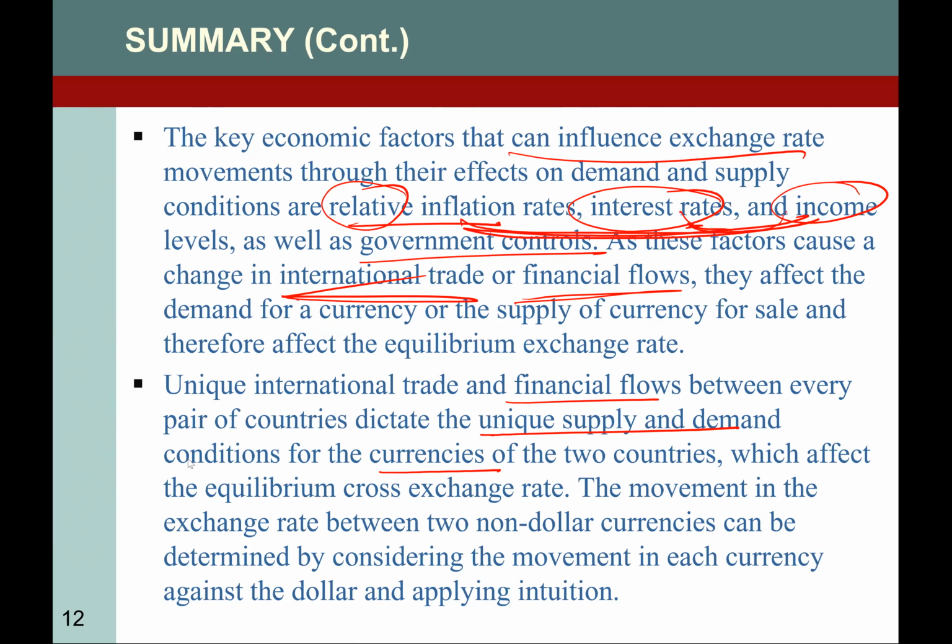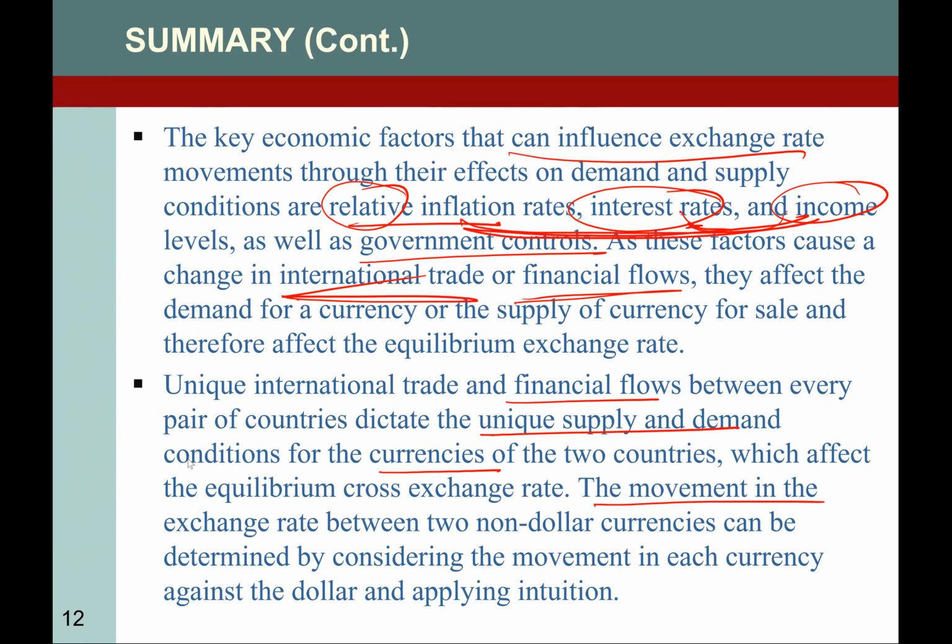Those countries which have high inflation and high income, their currency is going to depreciate. The mechanism is different, but the answer is the same: it depreciates. The mechanism can be found through demand and supply.